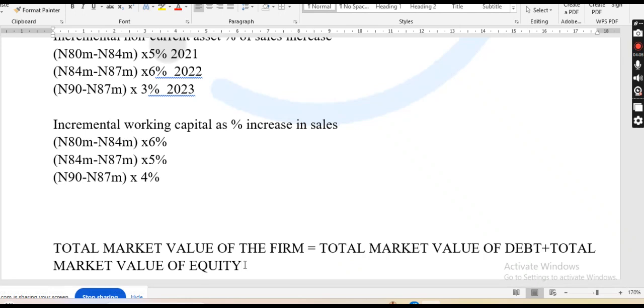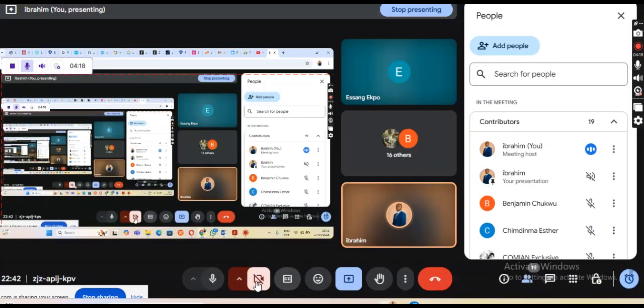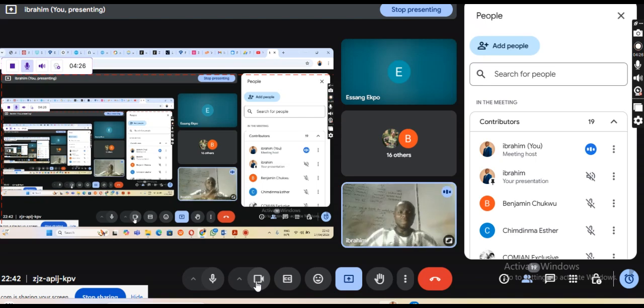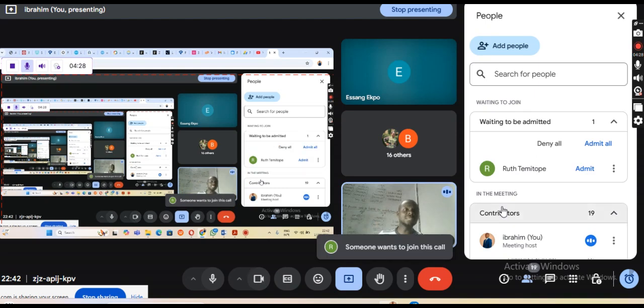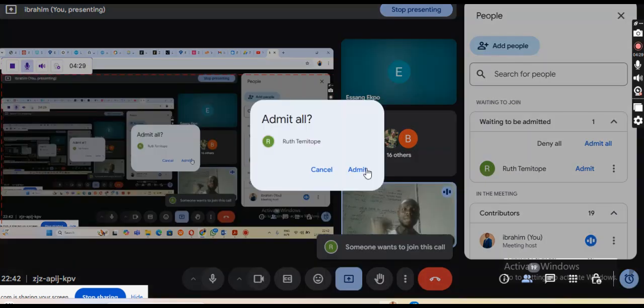So why do we have to go through this route? It's because we were not given information as to the cost of equity that we will use to discount the free cash flow. If the cost of equity is given to us, we don't need to go to free cash flow to the firm and then remove the portion of debt. So in valuation of a business, when questions say value, either free cash flow to equity or free cash flow to the firm, you use the normal format.